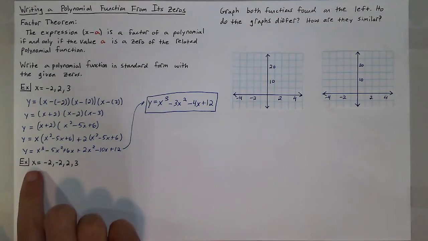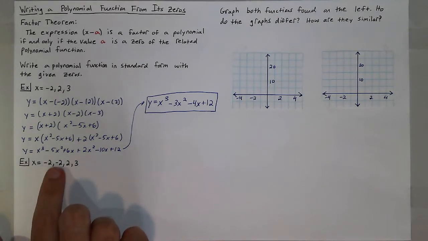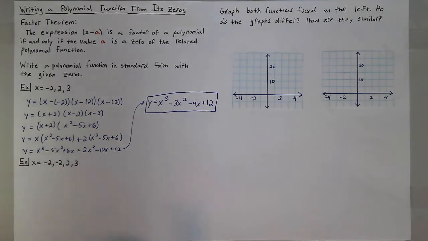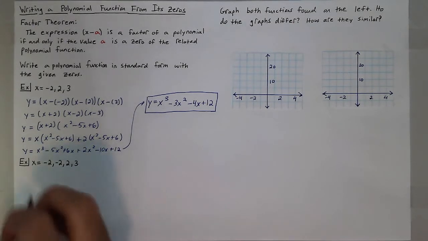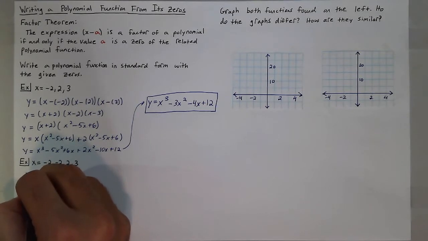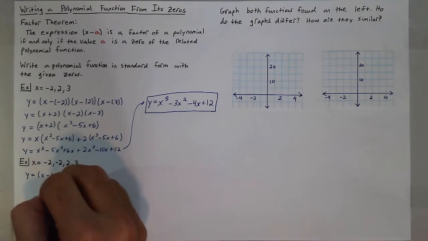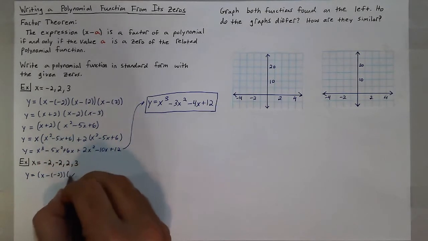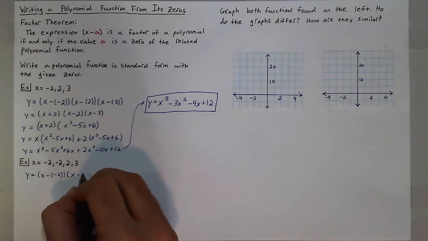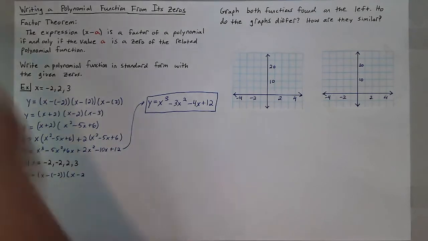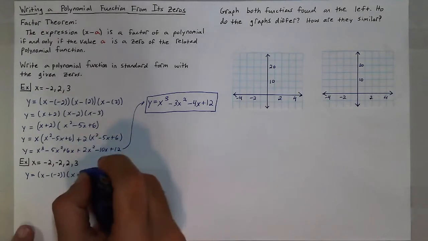Now let's look at if there was two -2's as a zero, and then 2 and 3. How different would that polynomial look? Well, in fact, quite different. Just setting it up, I'll have y is equal to x minus -2 times x minus -2. Let me erase that real quick and fix it.